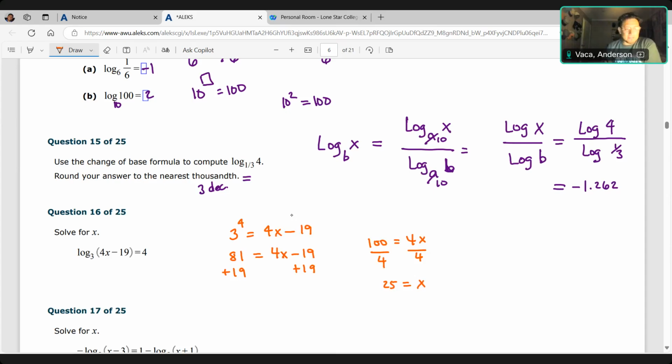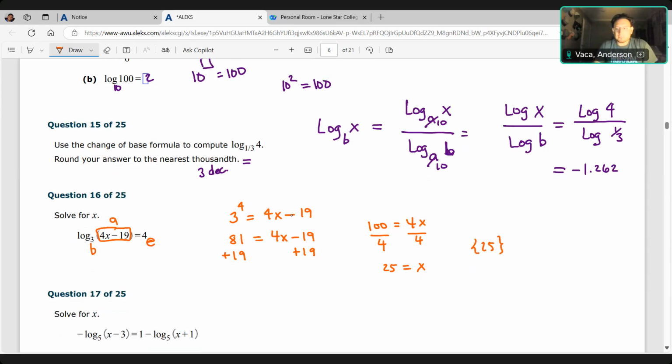So check the answer to make sure that the argument is not negative, and in this case, 25 does not make the argument negative, so we are going to accept this solution. Notice the strategy: we rewrite this, this will be the base, that will be the exponent, and this is the answer. Using a rewrite, we were able to solve this a little bit easier.